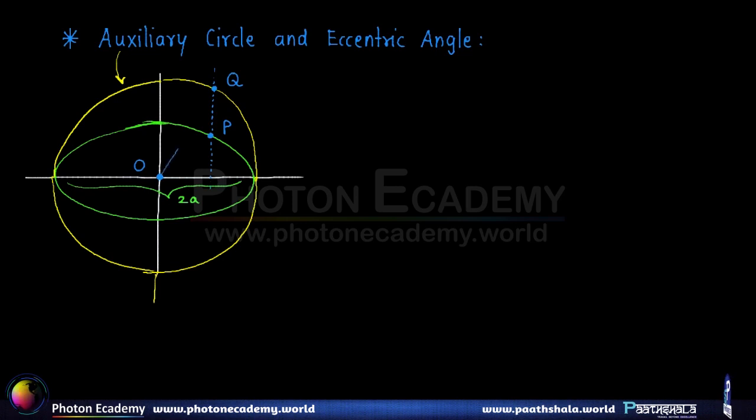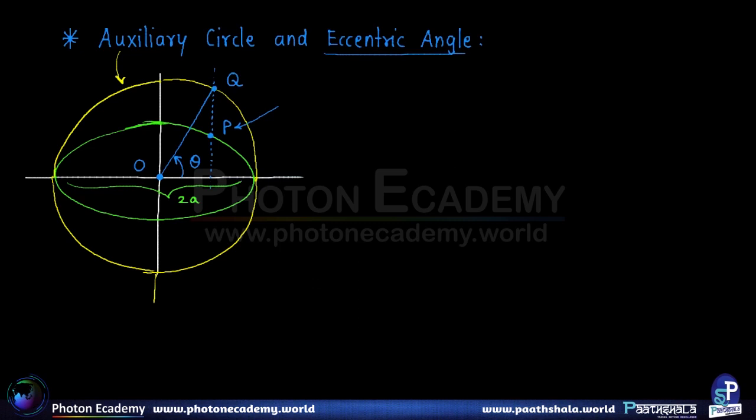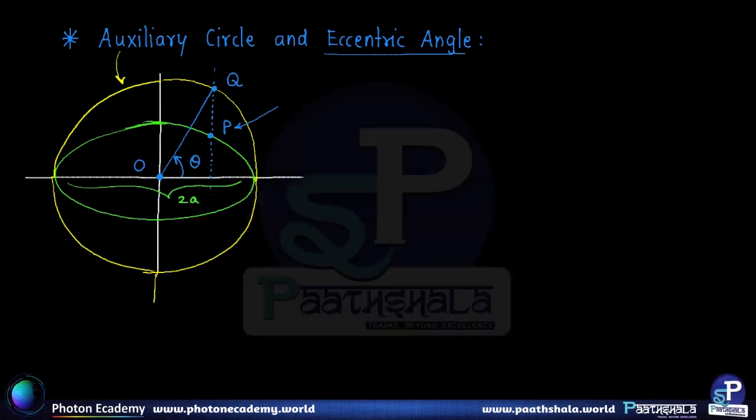If we join O with Q like this, the angle which that radius OQ makes with the positive x-axis, let us denote that angle as theta, and that angle is called as the eccentric angle of point P. Remember that the ray of that angle theta does not pass through P, it passes through Q, but the angle is still defined as the eccentric angle for point P on the ellipse. So that is the auxiliary circle and eccentric angle.